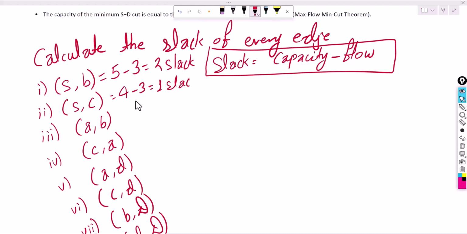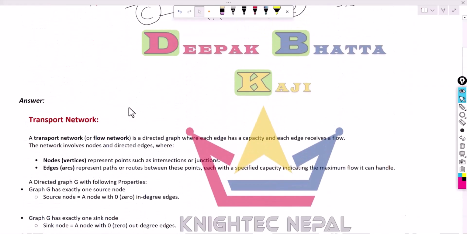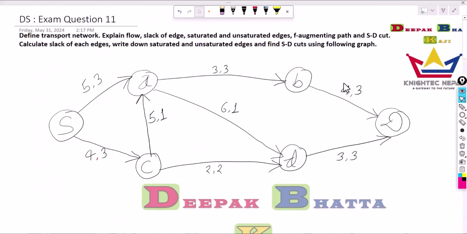So for A to B we have 3 minus 3, that is 0 slack. Let us see A to B, we have 3 comma 3. So the first 3 means capacity, which is always greater than or equal to flow, and this is flow and this is capacity. So 3 minus 3 will be 0. So A to B will have 0 slack.